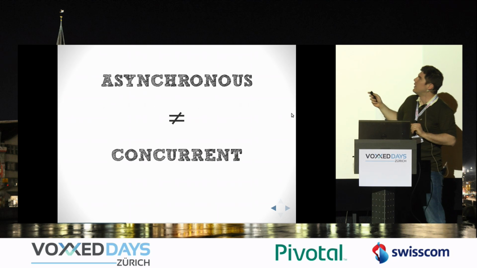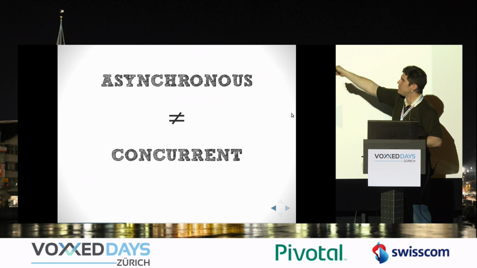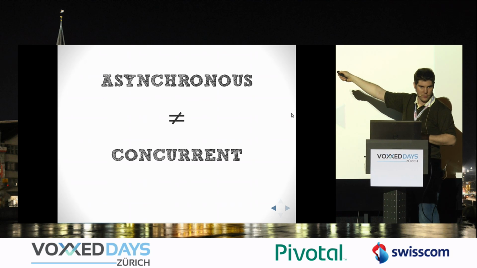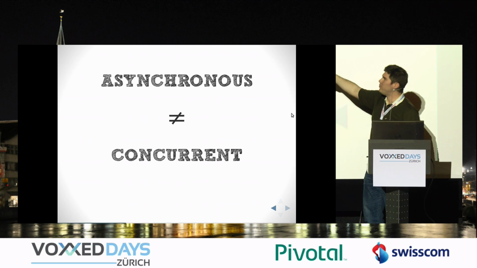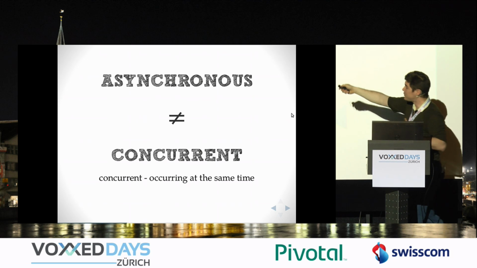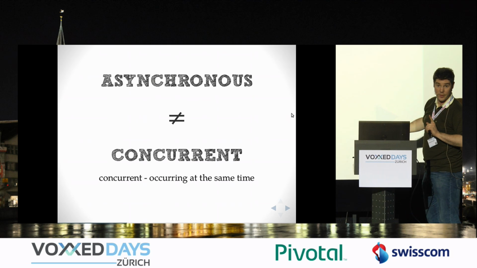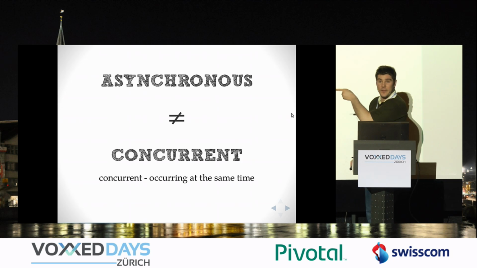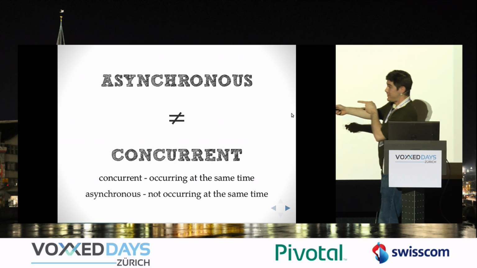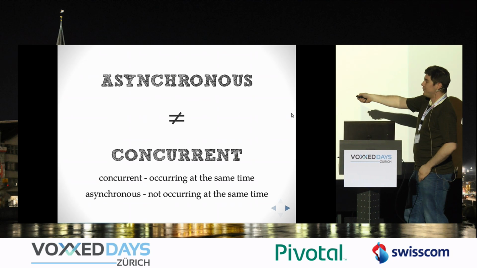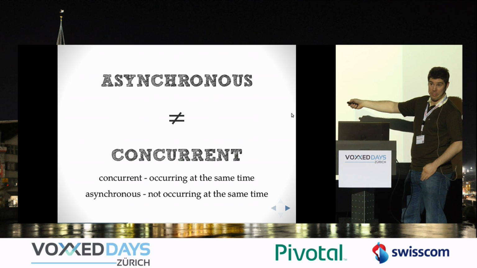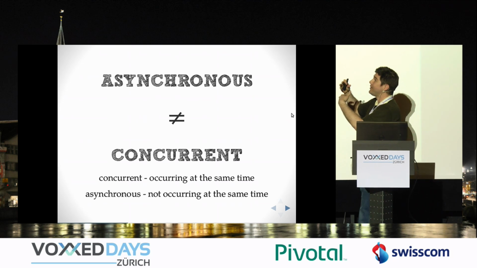But asynchronous is very different from something else, which is called concurrent. Concurrent, if you take a look at the dictionary, actually means occurring at the same time. And it turns out, something I found out last night, that asynchronous means not occurring at the same time. So these two things are exactly the opposite.